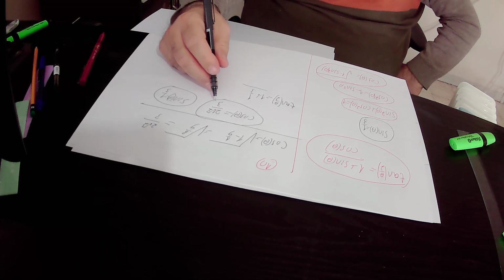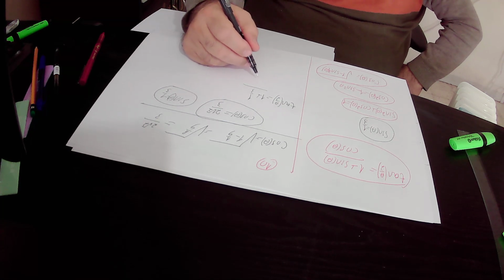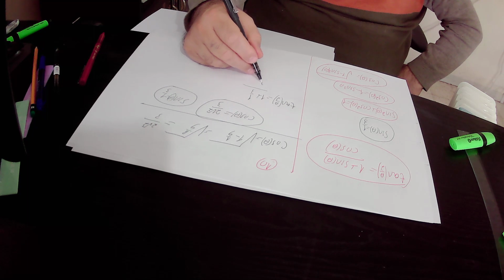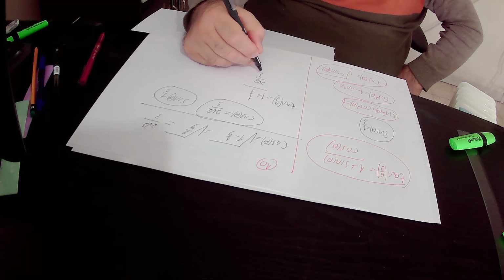And we already found out that cosine theta equals 2 times square root of 2 over 3.